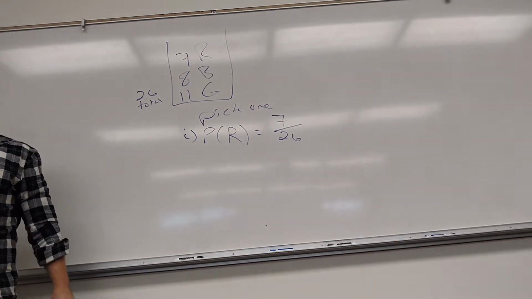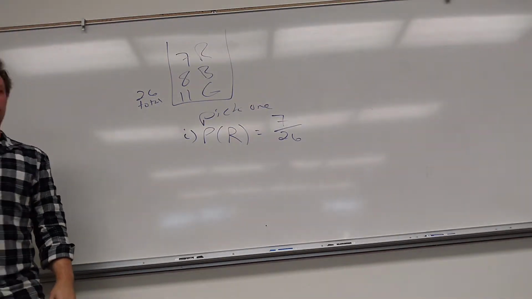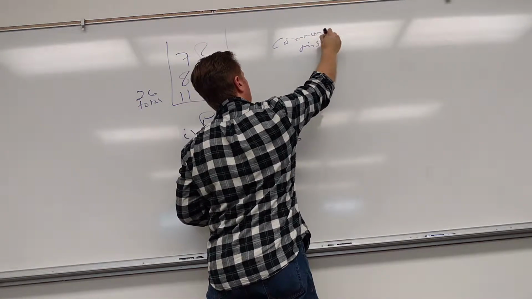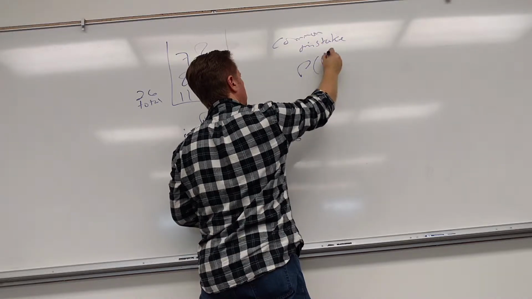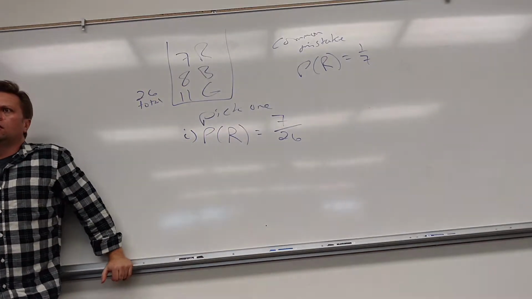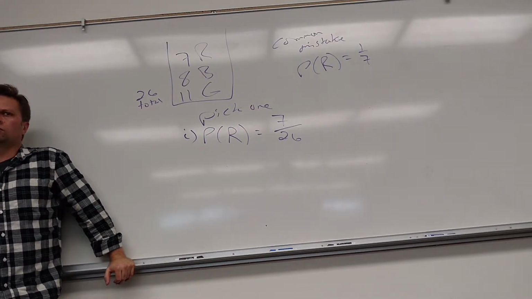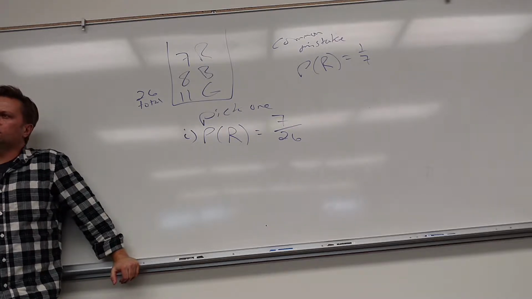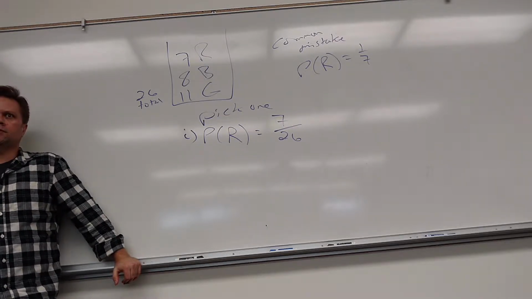Now, let me say the most common mistake I get, and see if you can tell where somebody comes up with this. They pick one color. There's 7 chips. They said it was a 1 in 7 chance. Yeah, there's 7 chips. I'm going to get one of them. Well, no. There's 26 chips, right?